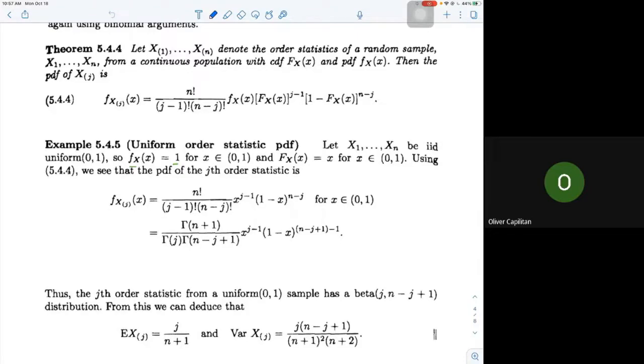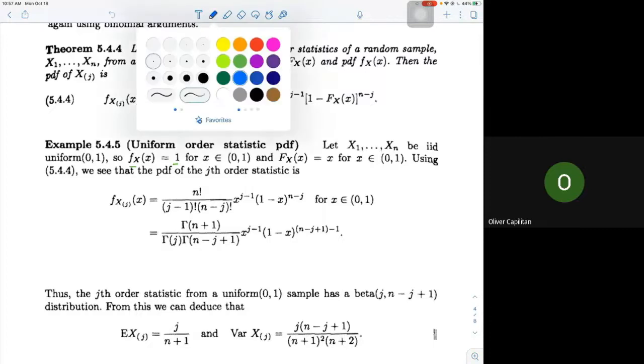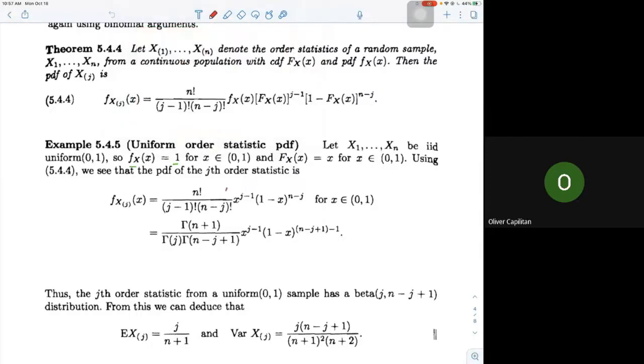And then our PDF, what is the PDF here? 1. So there should be a 1 there. 1 times the CDF x raised to j minus 1, using that formula, times 1 minus the CDF, which is x, raised to n minus j, for x on the interval 0 to 1, exclusive.